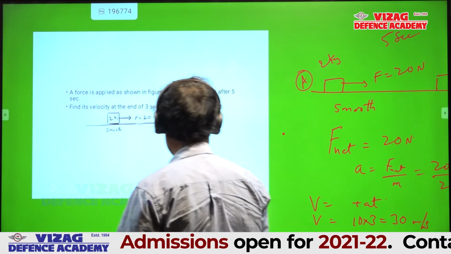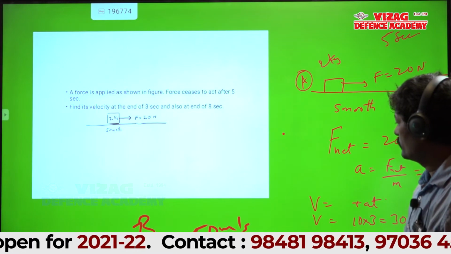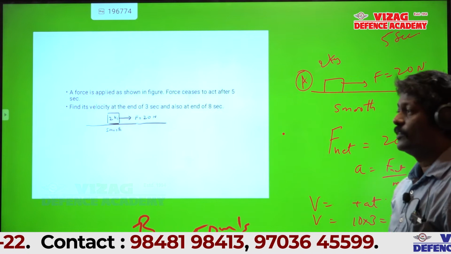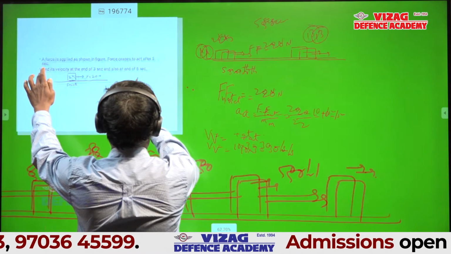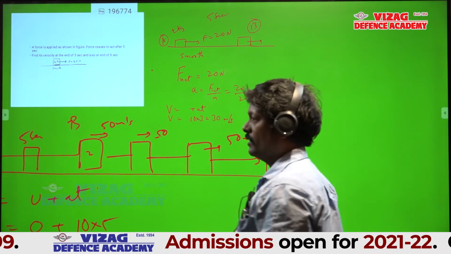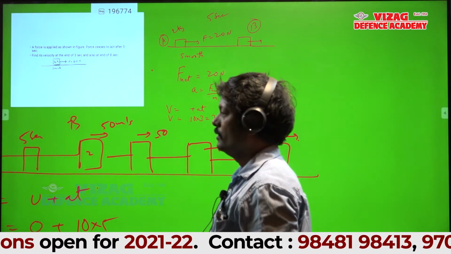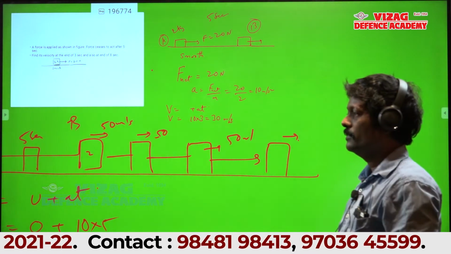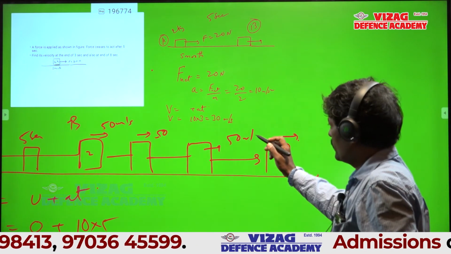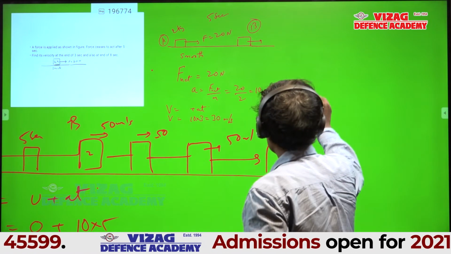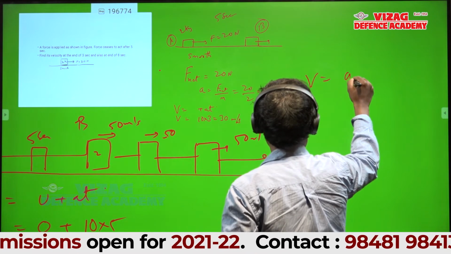Sir, while finding at the end of 8 seconds, you kept t equal to 5. I'll tell you again. See, the doubt was from which side? I have taken V equal to AT.